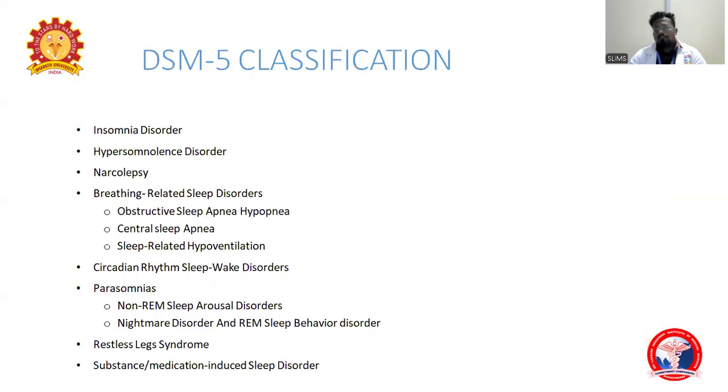Based on the DSM-5 classification, there are various sleep disorders. One is insomnia disorder, hypersomnolence disorders, narcolepsy, breathing related disorders, obstructive sleep apnea hypopnea, central sleep apnea, sleep related hypoventilation, circadian rhythm sleep-wake disorders, and parasomnias: non-REM sleep arousal disorders, nightmare disorder, and REM sleep behavior disorder, restless leg syndrome, and substance or medication induced sleep disorders.